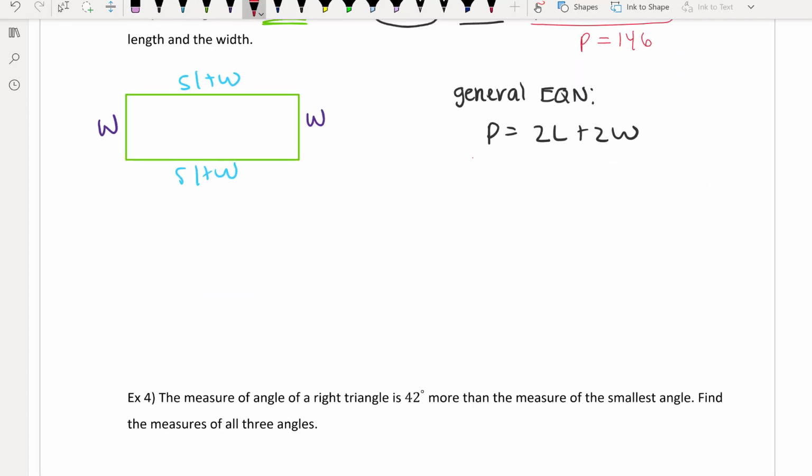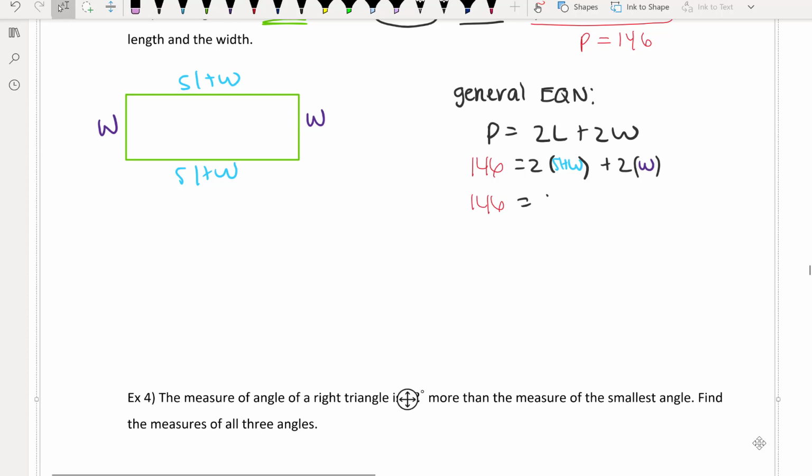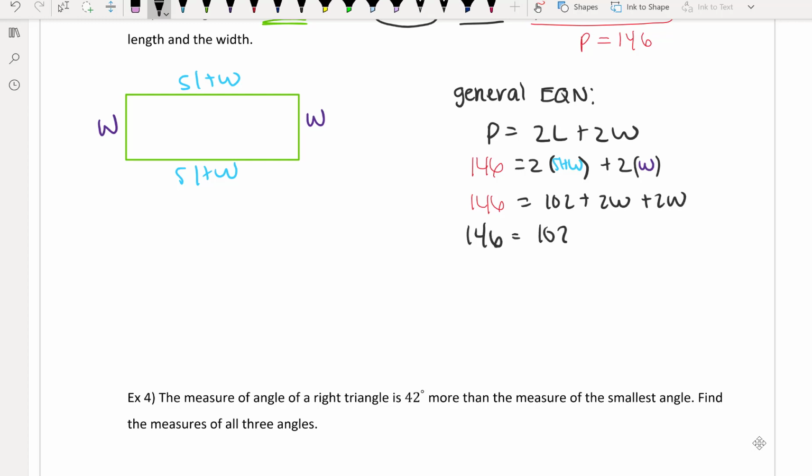The perimeter that I had was 146, is equal to 2 times my length, but my length I said was 51 plus W, plus 2 times my W, so I just leave that as a W. So I have 146 is equal to, and 2 times 51 is 102, plus 2W plus 2W. So when I combine the 2W plus the 2W, I get 4W.